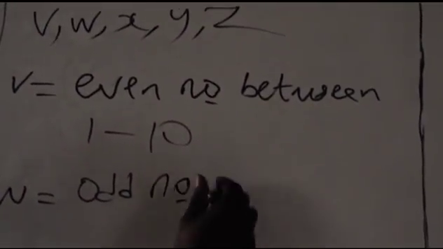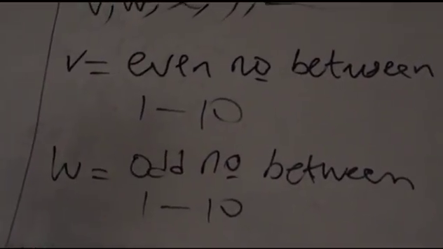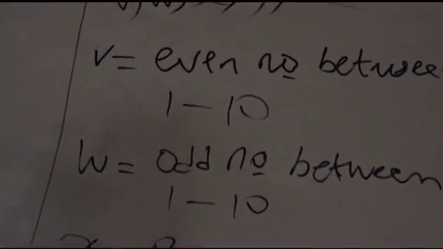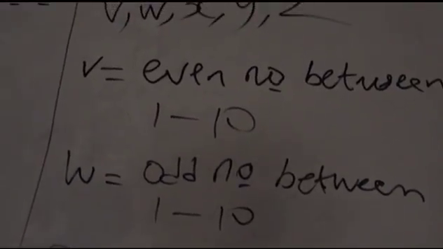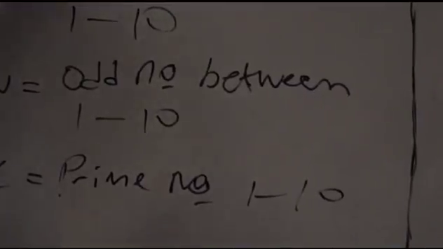W can be odd numbers between 1 to 10. X can be prime numbers between 1 to 10. So these are variables.